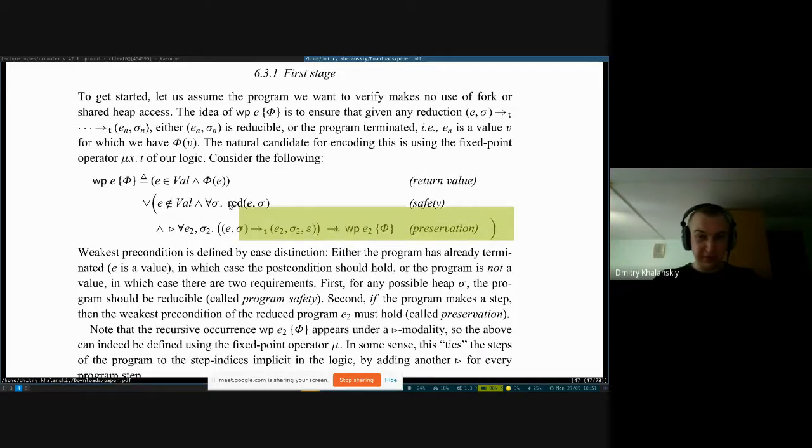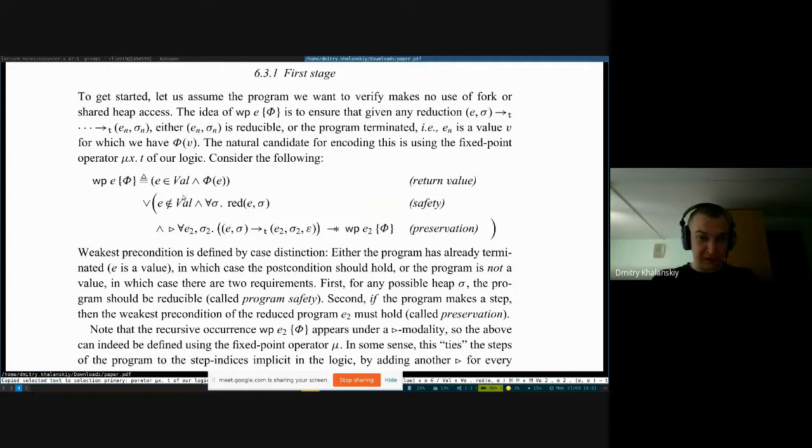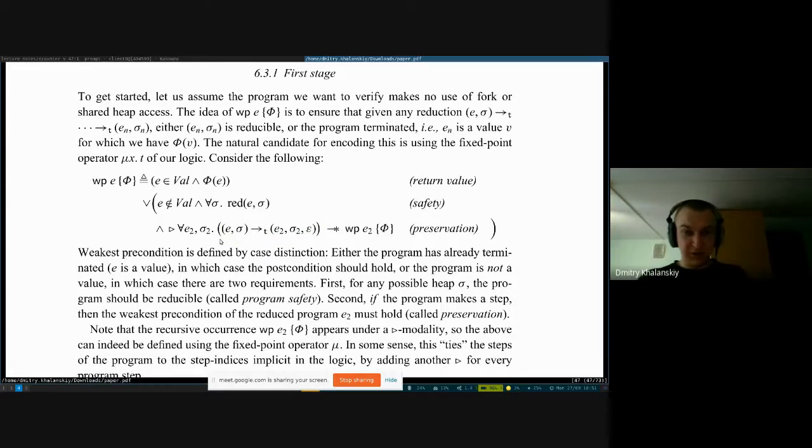Now, this gives a fairly accurate understanding of what one must implement to have their language supported by Iris. That is, these two things: the notion of when something is reducible, and the notion of where the program will be reduced to.